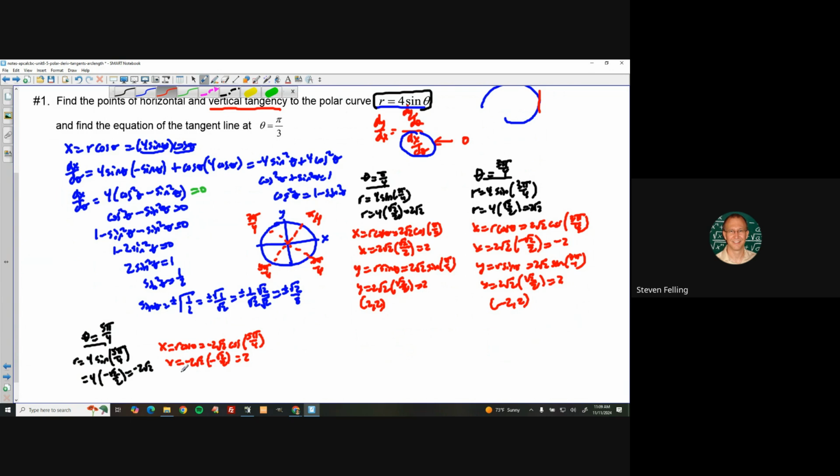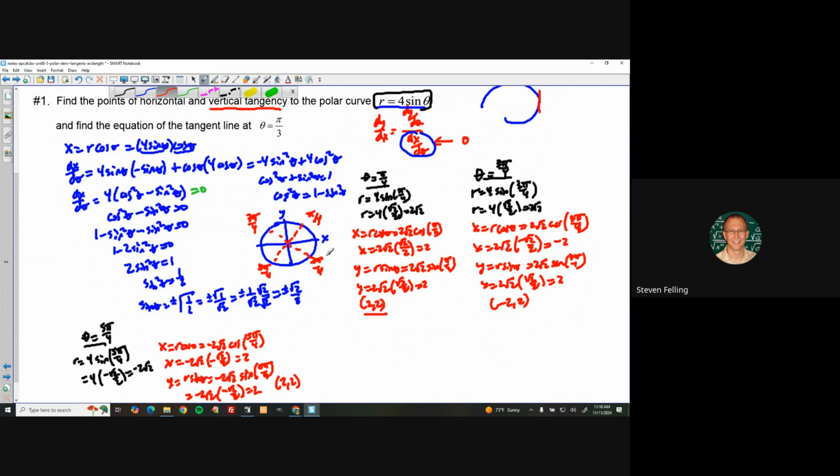So this is the point, well, let's do y. Y is r sine theta, which is negative 2 square root of 2 times sine of 5 pi over 4, which would be negative 2 square root of 2 times the sine here is also negative, so negative square root of 2 over 2, which is 2. That gives me the point 2, 2 again, which I already had up here.